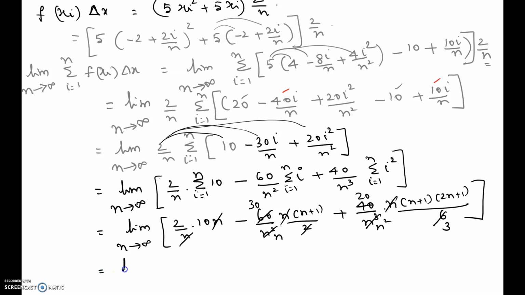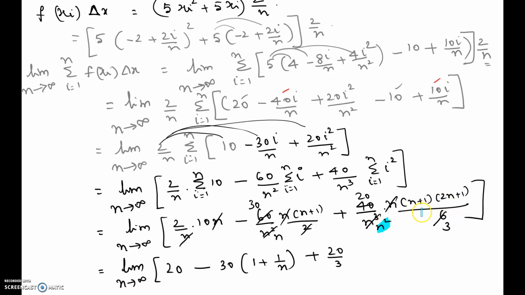So it is limit as n approaching infinity of 20 minus 30 times n plus 1 over n. We want to write that as 1 plus 1 over n, divided by n is 1 over n. Then we will write this as 20 divided by 3. Then we have n plus 1 times 2n plus 1 over n squared. So n squared can be written as n times n.